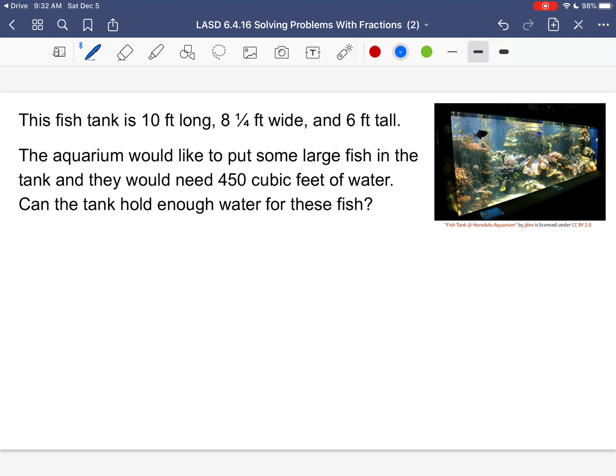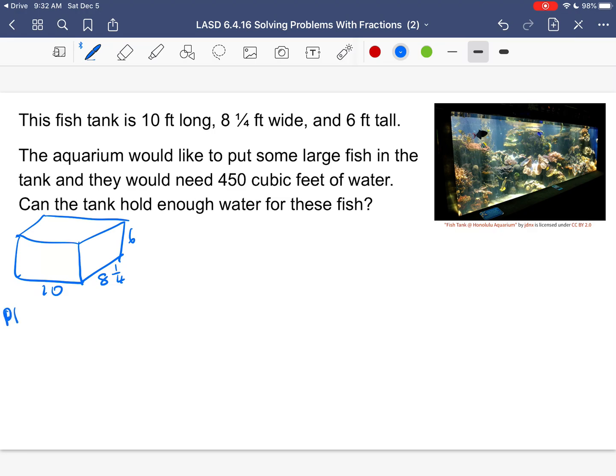So first I'm going to draw a model. I'm just going to draw the tank. And I'm going to label the sides 10 feet, 8 1/4 feet, and 6 feet tall. And they want to put some fish in, and they need 450 cubic feet. Can the tank hold enough? Well, I need to calculate.